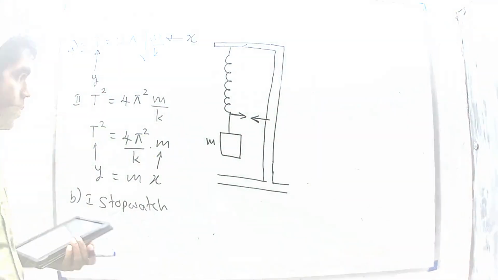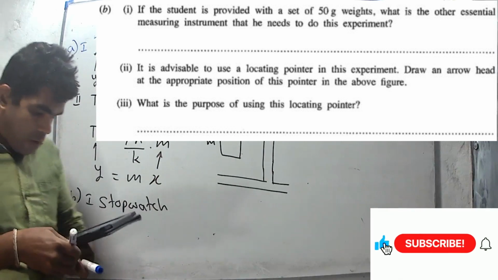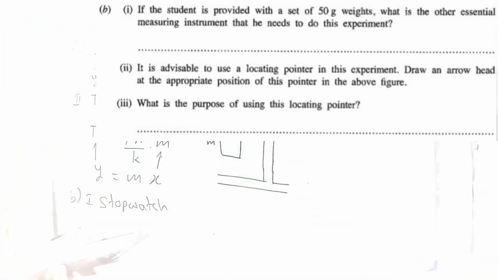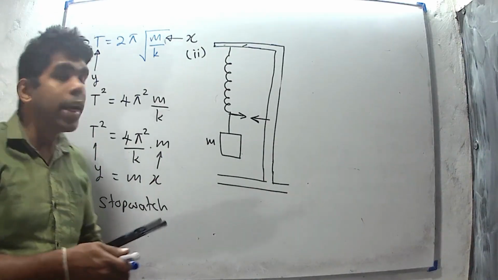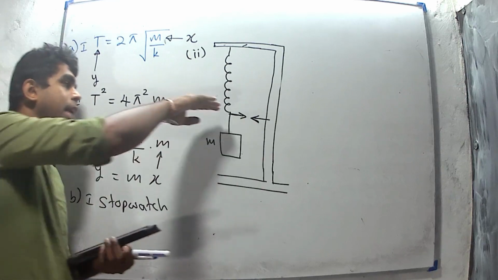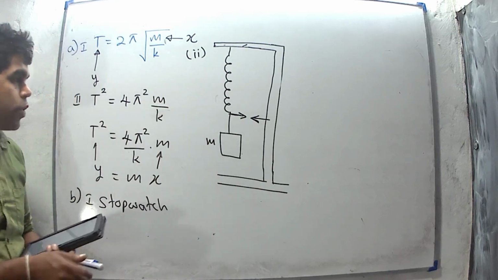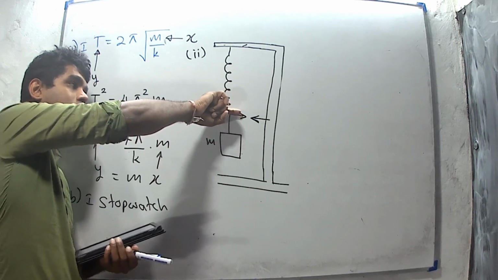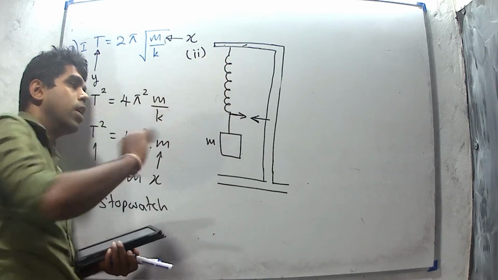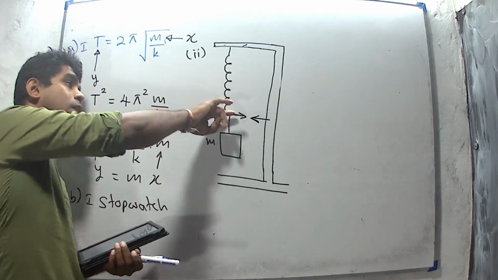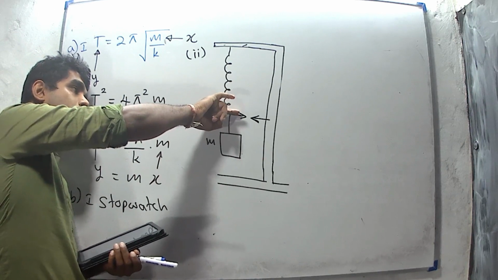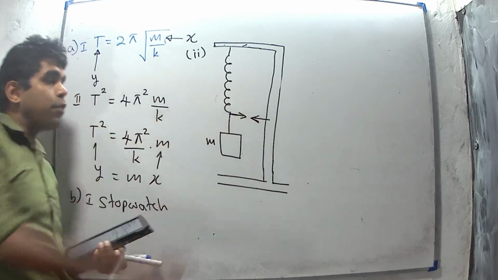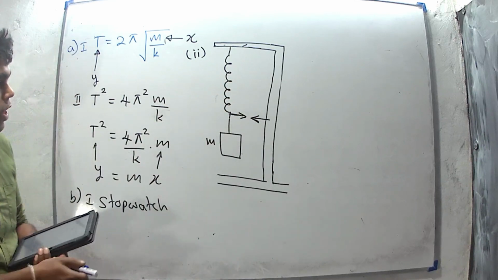Then part 3, what is the purpose of using this locating pointer? We can accurately determine the starting and end point of oscillation. We have to start to measure the time at this point, and when oscillating, we count one oscillation when the mass reaches this point again after a complete oscillation like this.